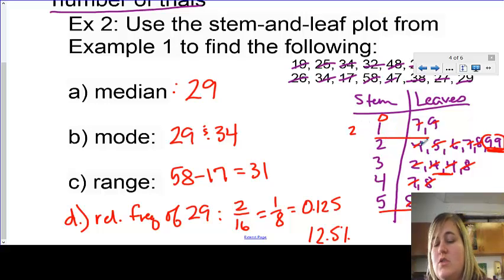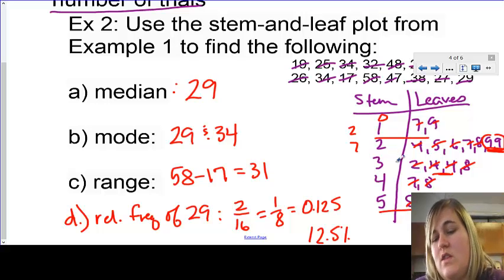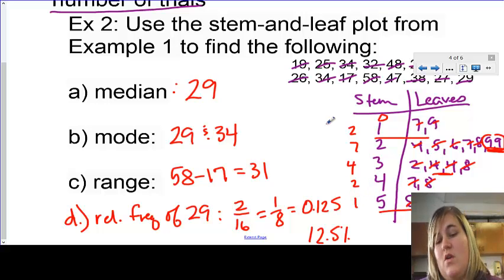From 20 to 29 I have 2, 4, 6, 7 numbers that occur. From 30 to 39 I have 4 numbers. 40 to 49 I have 2 numbers, and 50 to 59 I have 1 number. So this is my frequencies.